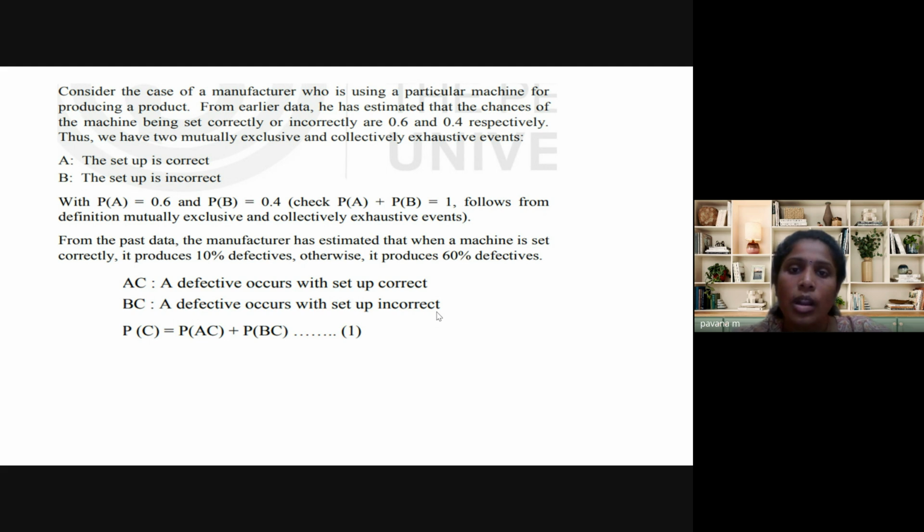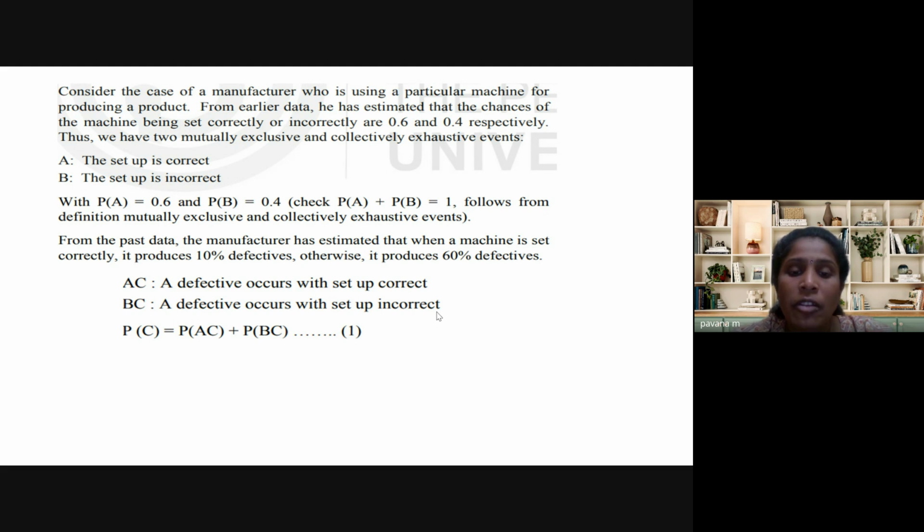That is P of C by A. Suppose that particular machine is incorrectly set, what is the probability of getting defective items in that situation? That is P of C by B. So here now we have to determine.